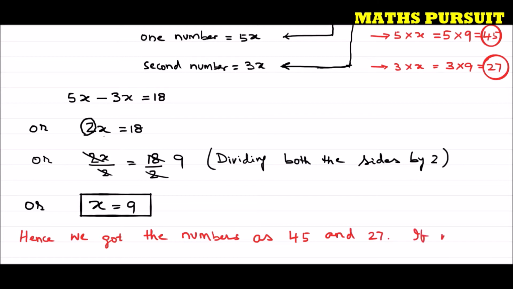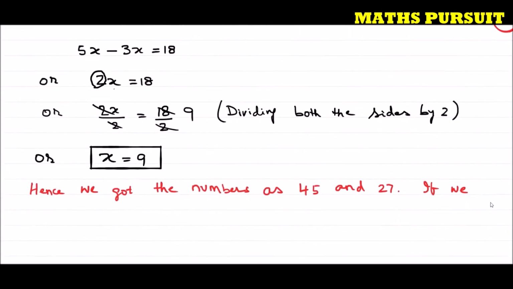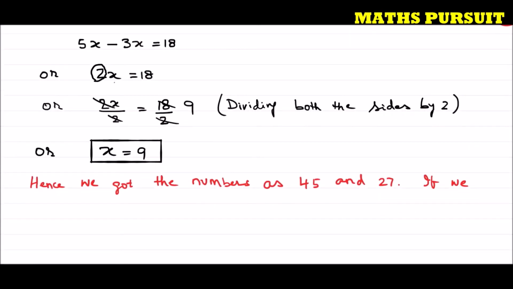You can write in your own way: hence we got the numbers as 45 and 27.